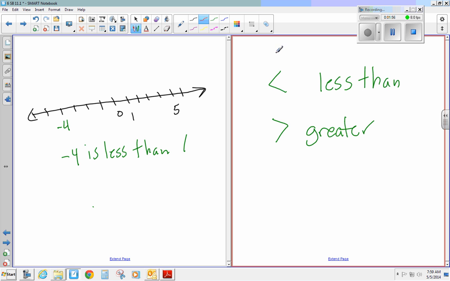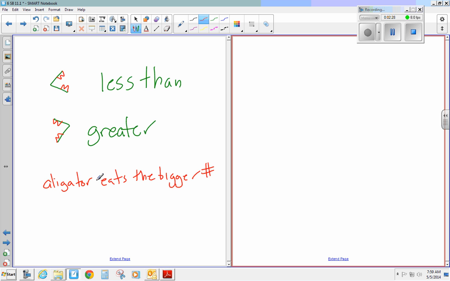Now, you have probably seen someone make this into an alligator before, and the alligator eats the bigger number. So whichever number has the alligator's mouth is the bigger number.